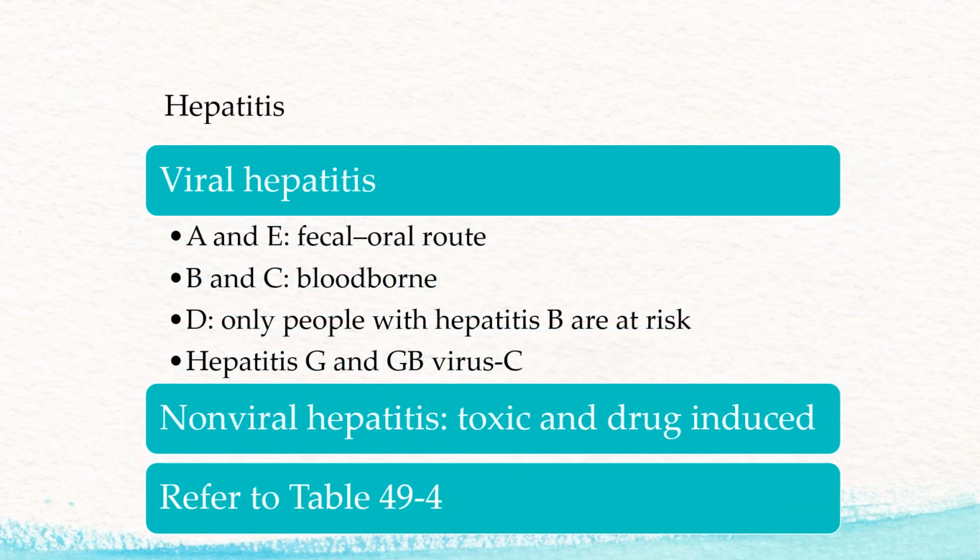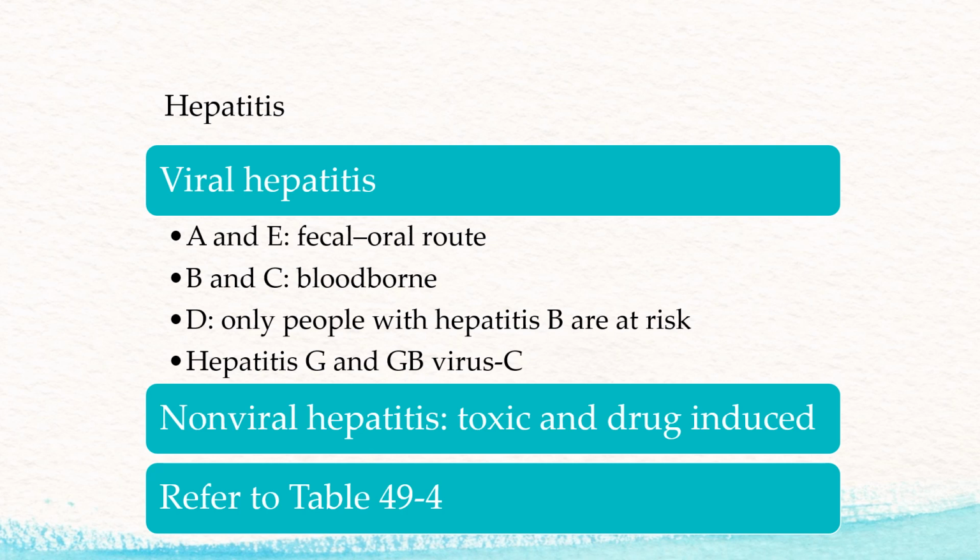Viral hepatitis is a systemic viral infection in which necrosis and inflammation of liver cells produce a characteristic cluster of clinical, biochemical, and cellular changes. There are 5 definitive types of viral hepatitis that cause liver disease, which are hepatitis A, B, C, D, and E. Hepatitis A and E are similar in their mode of transmission, which is the fecal-oral route, whereas hepatitis B, C, and D share many other characteristics.